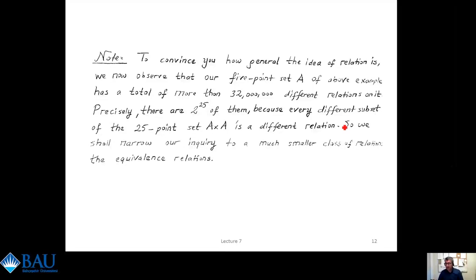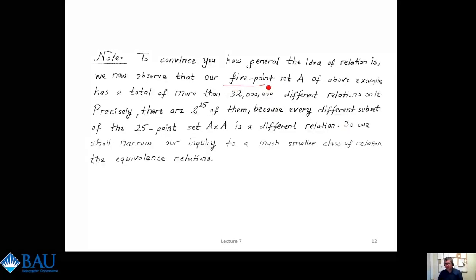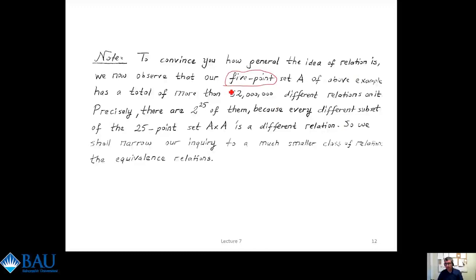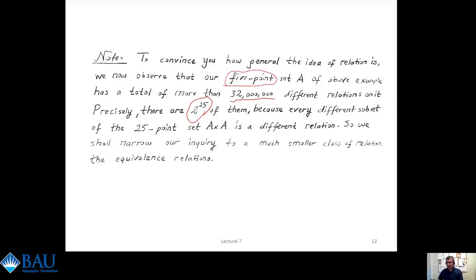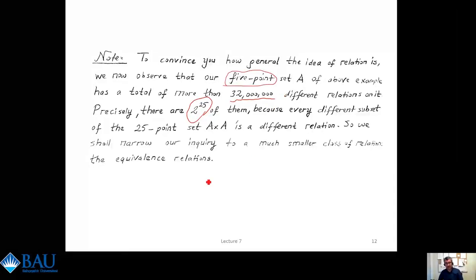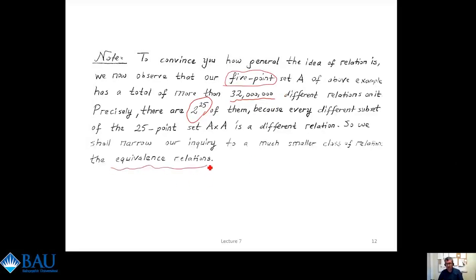So if we have 5 elements in a set A, how many relations can we define on it? 2 to the power 25. That is more than 30 million relations. It's a really huge number of relations. For that reason, we focus on some specific relations, which we call equivalence relations. What is an equivalence relation?